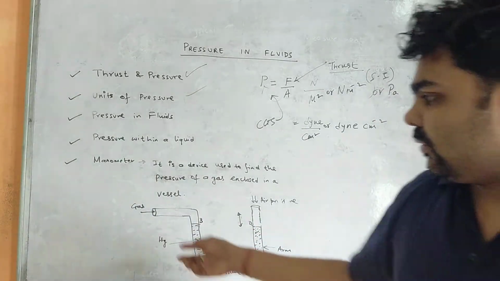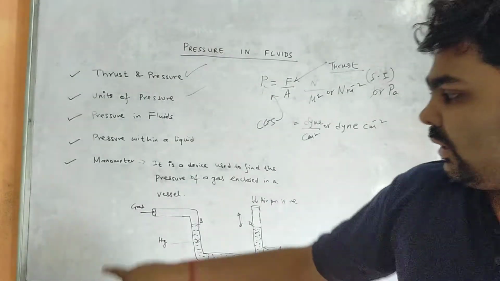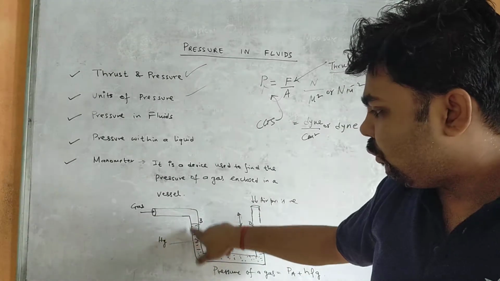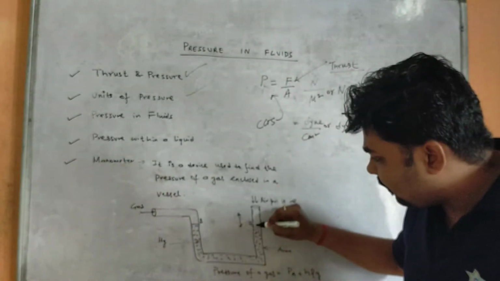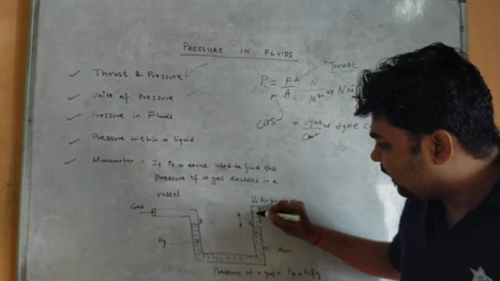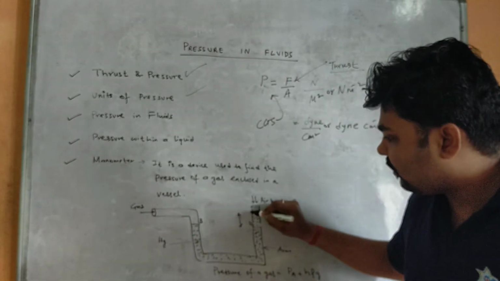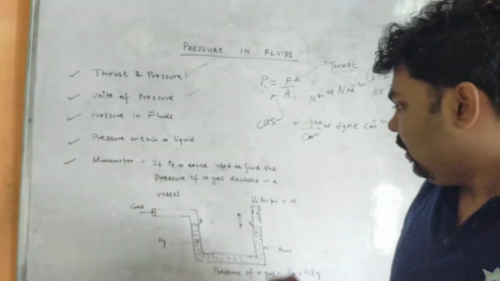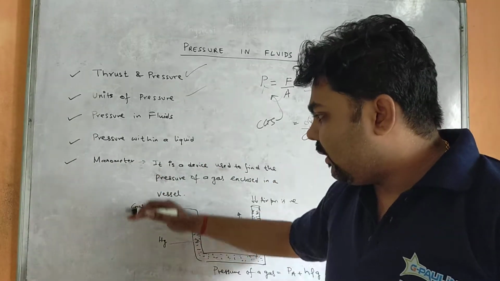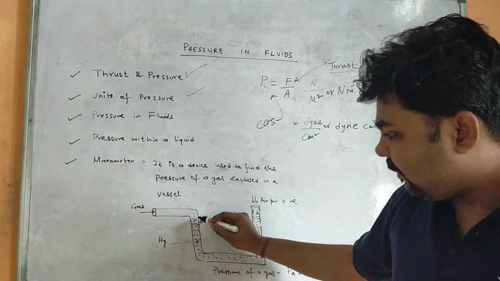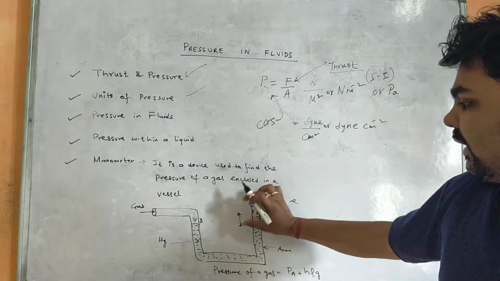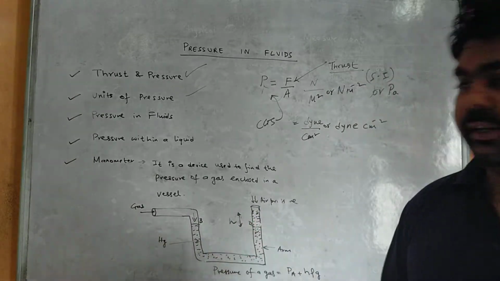But as soon as it is connected with the gas vessel, the pressure will be exerted here, and due to this pressure the mercury in one arm will decrease and the mercury in the other arm will increase. Let us consider it increases up to here. As this gas is exerting pressure on the surface, the liquid in the other arm is also increasing with that much height.